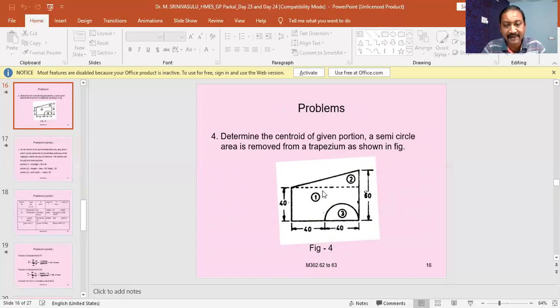So approximately at the point of the cursor, the centroid is acting on the body.